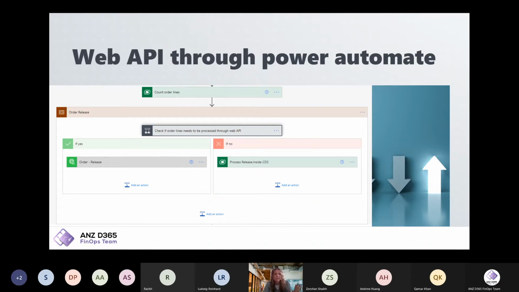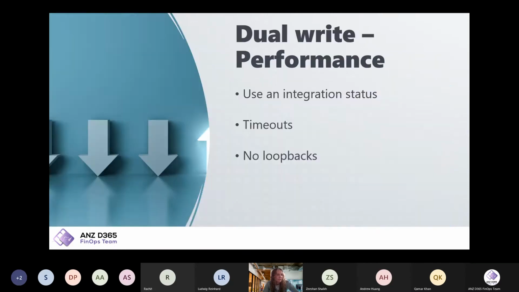So the user will just submit it and carry on with their work, and at the end of this, the Power Automate flow will send them a Teams message to say this has been processed, you can get back to it. So keep that in mind: if you have process-intensive transactions, don't try to code the logic in your plugin, move it out into a web API and get clever.